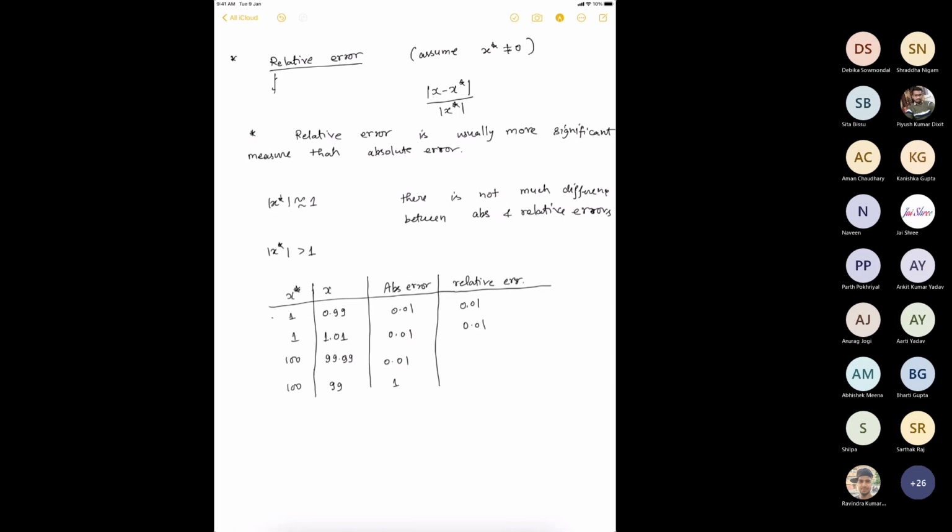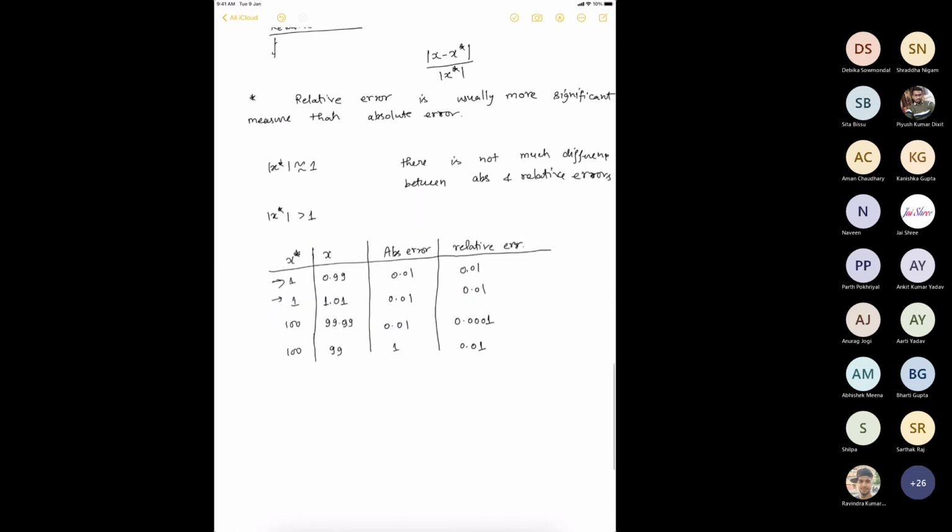Of course, you see that x star is close to 1 in these two cases, right? So your absolute error and the relative error are both going to be the same. So it's exactly 1 in this case. And in this case, if you compute, you will get this, and in this case, it is going to be this, right?